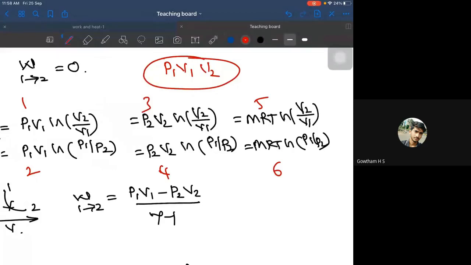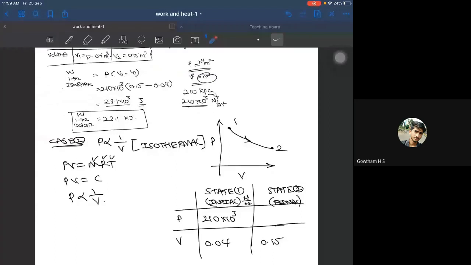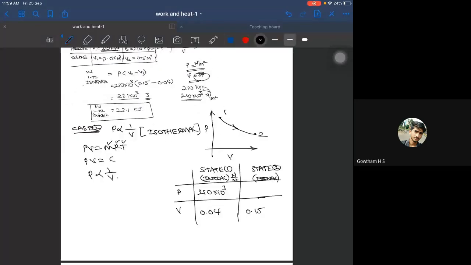Yes, the first one, because P1 you know the value, V1 you know, V2 you know, so that's why I'll be selecting the first one to calculate the isothermal work done. So just go back here and write the same formula. Work done from 1 to 2, which is isothermal in nature, is given by the first form, which is P1 V1 into ln of V2 by V1.